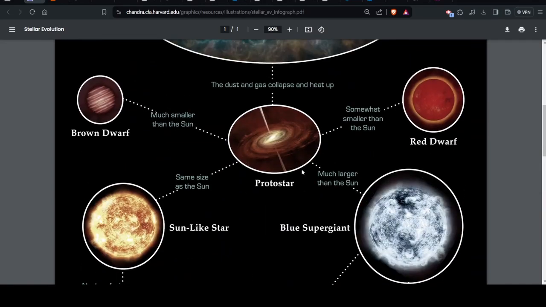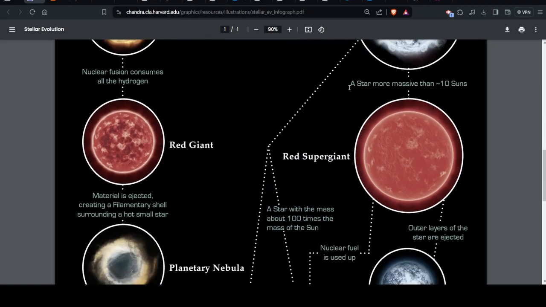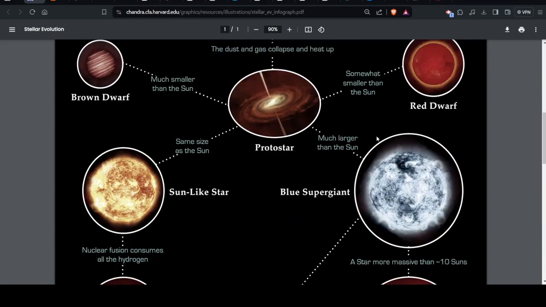Alright, so going back up to our protostar, if it is much larger than the sun, so we're probably talking around 10 solar masses, then the protostar is going to go into a supergiant. It'll typically start as a blue supergiant. And then there's a couple different tracks here.